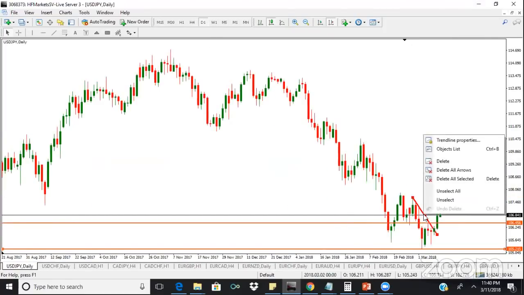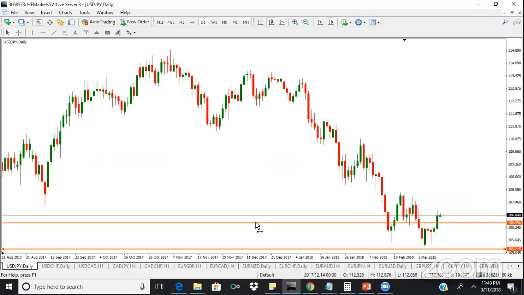So on daily, you pick out your zones. You pick out your support and resistance from daily. This is one. This is support here.